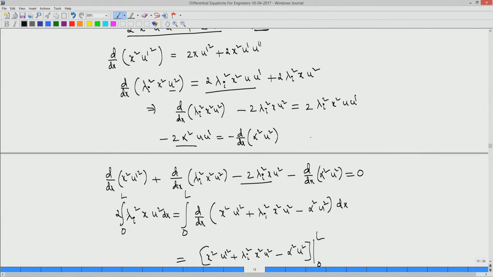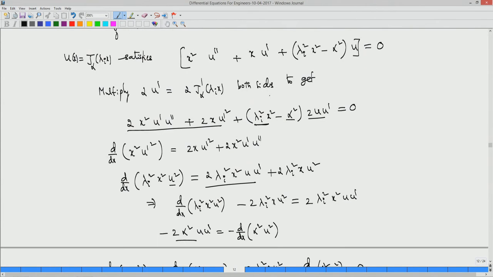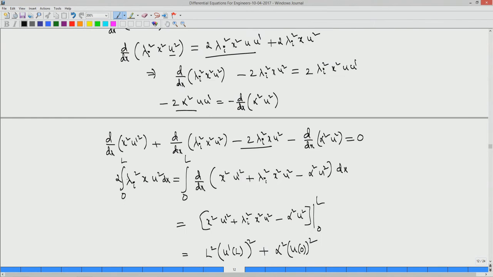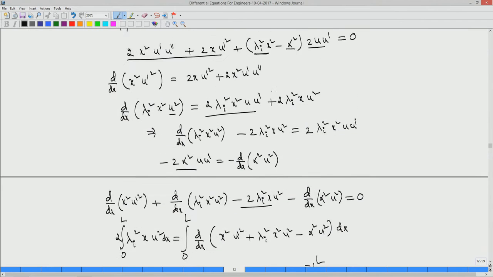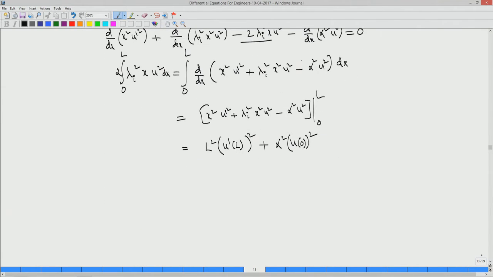So, you have lambda_i squared, 2x squared lambda_i squared u' squared, I replace with this, minus 2 lambda_i squared x u squared. So, you have x squared, this alpha squared u squared, that is finally alpha squared u squared. So, this is what you get.